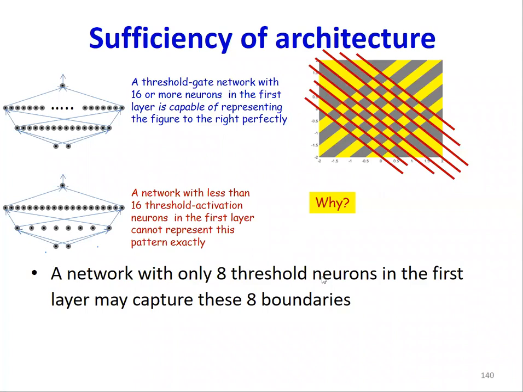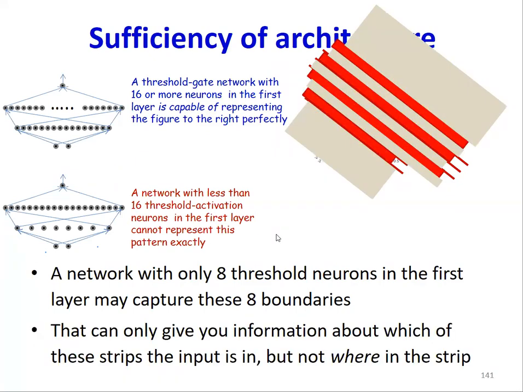A network with only 8 threshold neurons in the first layer may capture these 8 boundaries, correct? So if you capture these 8 boundaries, by the time you get past the first layer, if you look at the output of the first layer, all it can tell you is which of these 9 regions you are in, but it will not tell you where you are within the region.